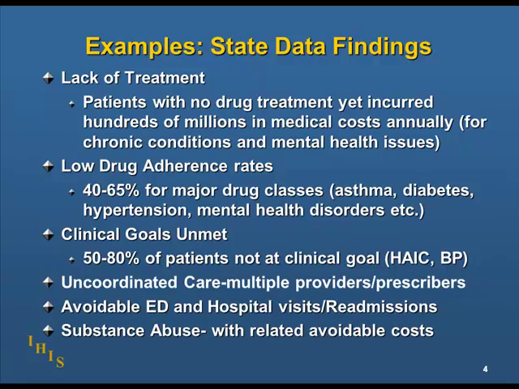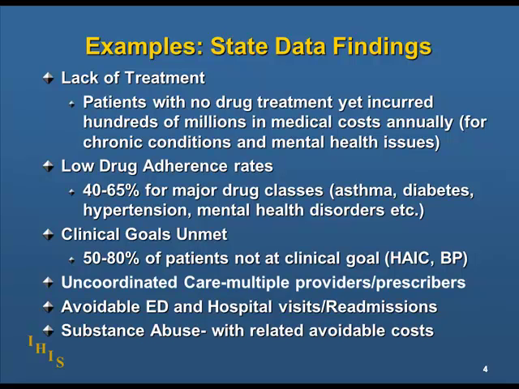Lack of treatment. We have hundreds of thousands of patients in every state Medicaid data set that we go in and look at where they are incurring hundreds of millions of dollars in costs for inpatient visits, outpatient visits, and then you look at their medication profile and you scratch your head and you say, how do they have not one single prescription in a 12-month period of time for any of the conditions that they've been coded for inpatient and outpatient visits, right?